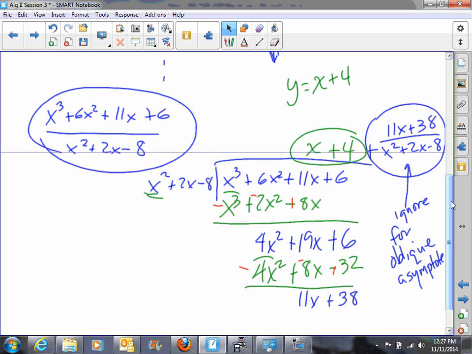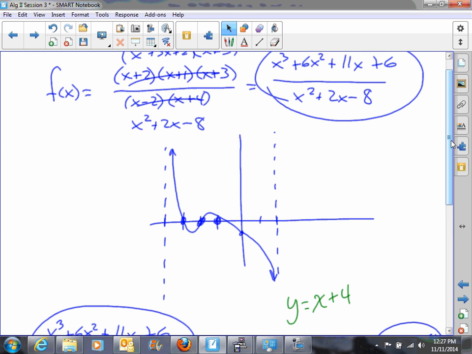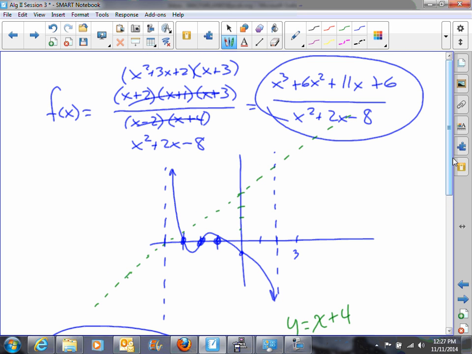So if we go back up to our original graph here, if y is equal to x plus 4, we have a line that looks something like that. And now we need a value over here, like at 3, for example. So if we put 3 in here, let's use the calculator.